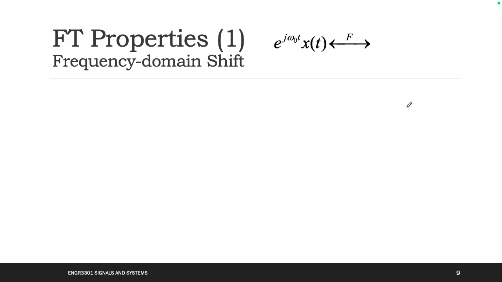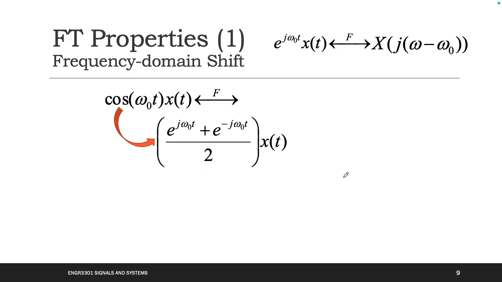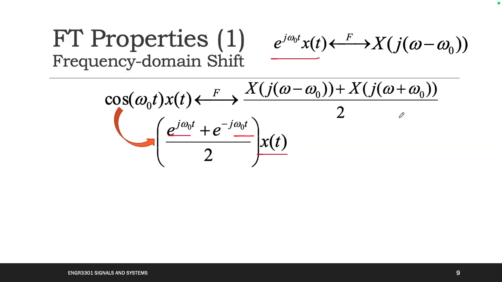frequency domain shift. Since we know this one, for the cosine, if you multiply a cosine signal with the original one, as we talked about in last class, we can use Euler equation to convert this equation to this form. And then you can see, multiplying this one here and this one here, you can use the time shift properties to get the new FT.